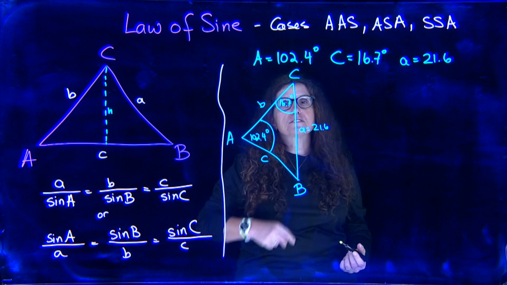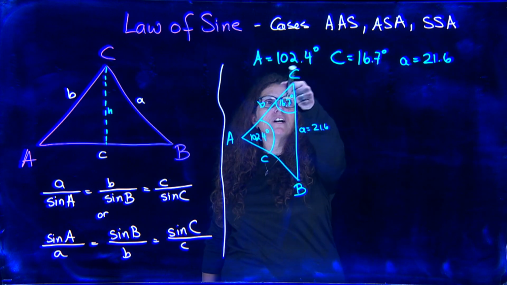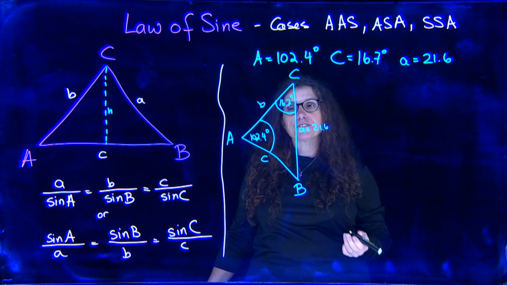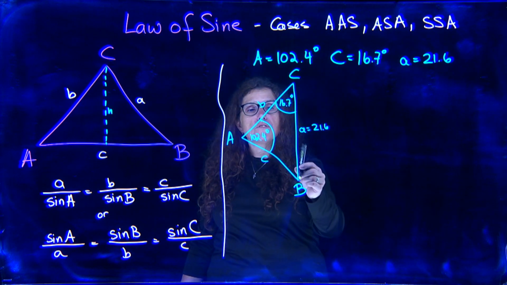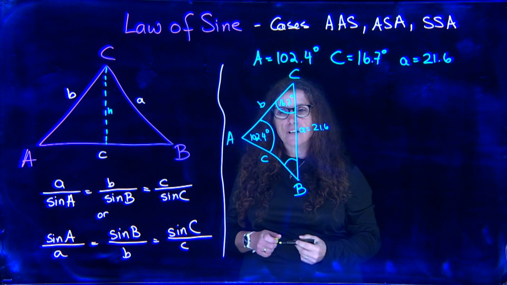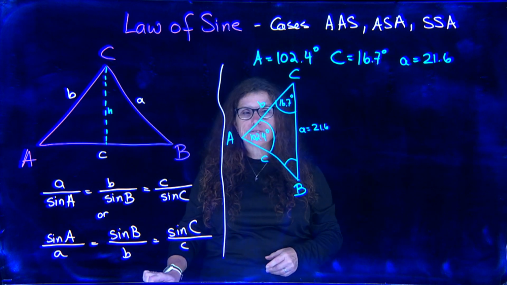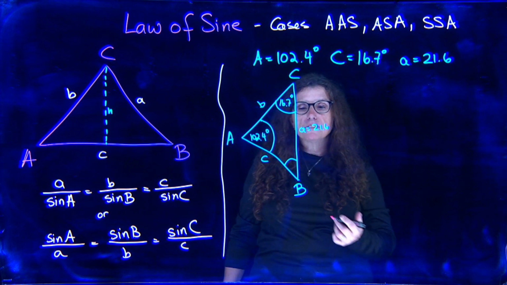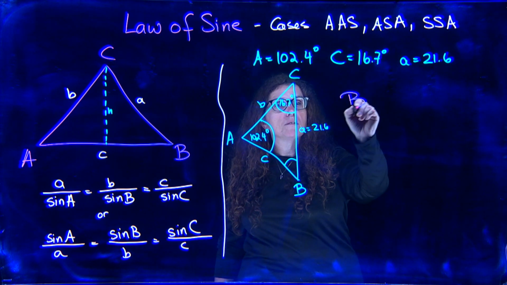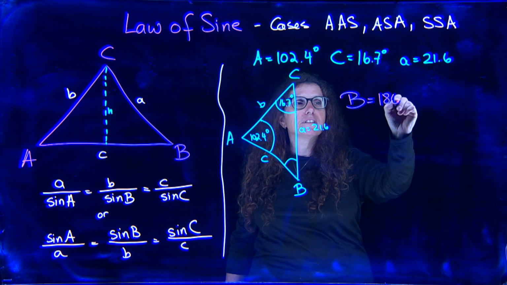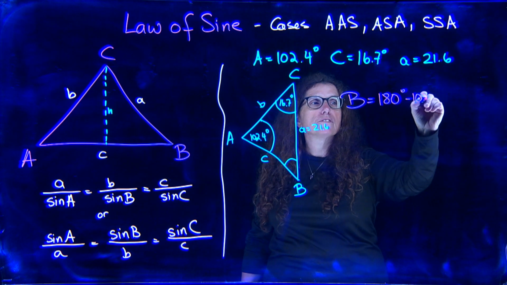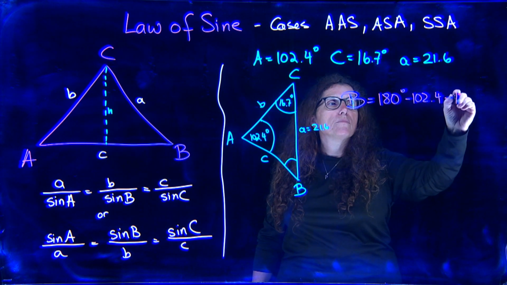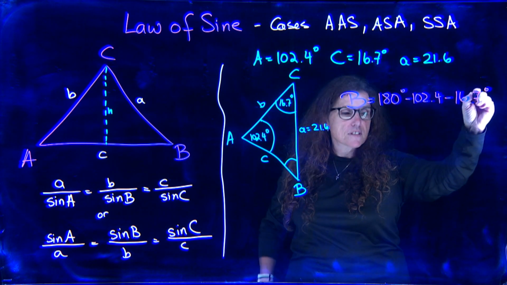Well, the easiest way to get started here is we have two angles, and what else do we know? The sum of all three angles in a triangle has to be 180 degrees. So it would be real easy to find angle B. B is equal to 180 minus 102.4 minus 16.7 degrees.